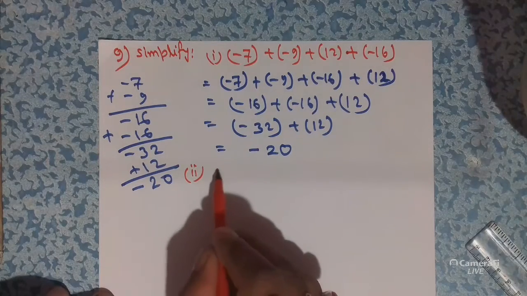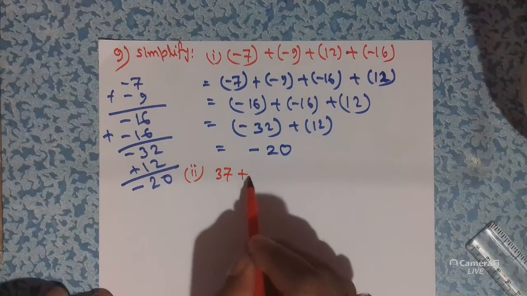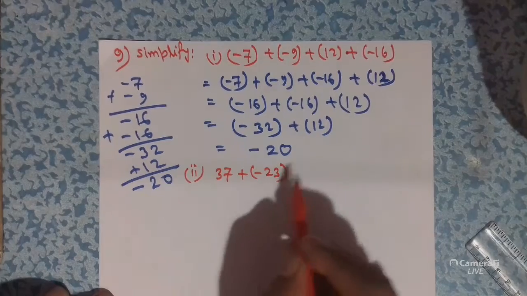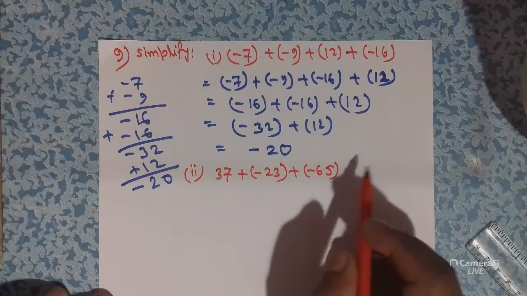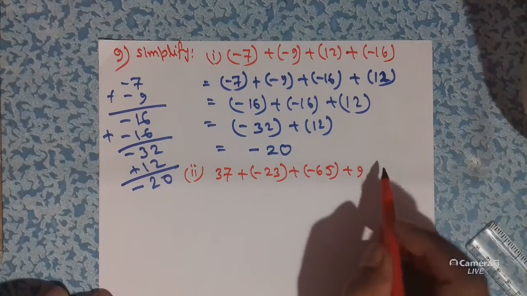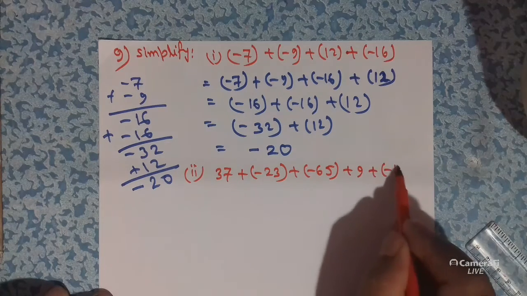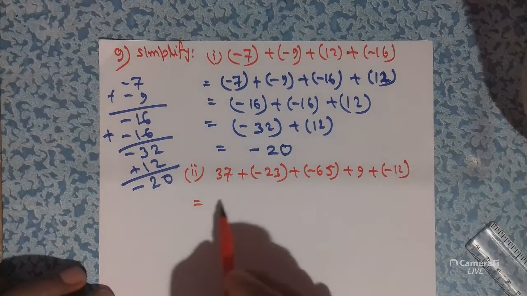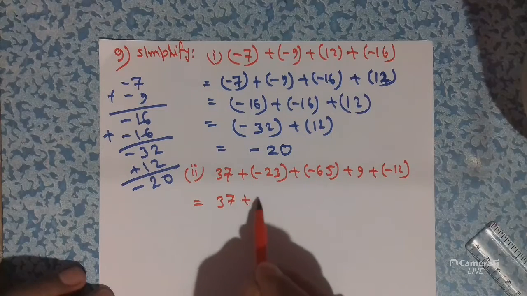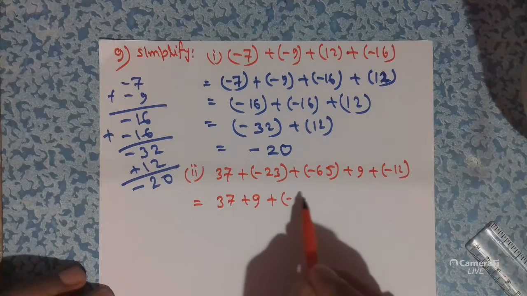Problem number 2 is 37 plus of minus 23 plus of minus 65 plus 9 and plus of minus 12. So here, students, at first arrange the positive and then negative.